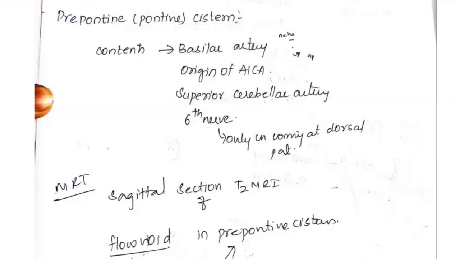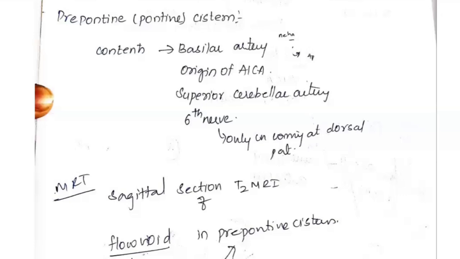So the contents of the prepontine system, you already know without seeing the diagram. The CSF space, the subarachnoid space that is present in front of the pons, is the prepontine system. What are the contents of this system? First of all, you identify the pons based on the basilar artery. So you can say basilar artery. Then from the basilar artery, the origin of AICA arises.